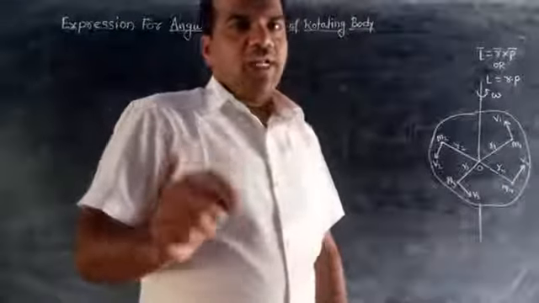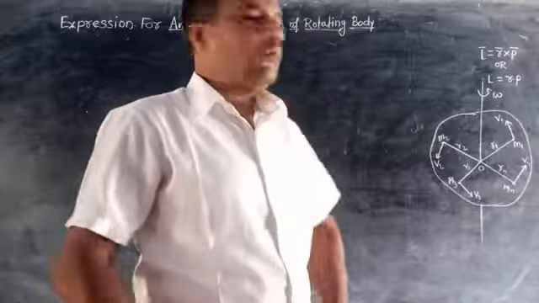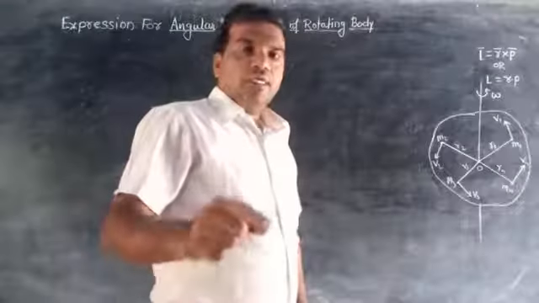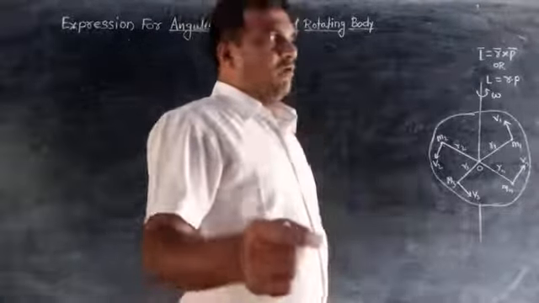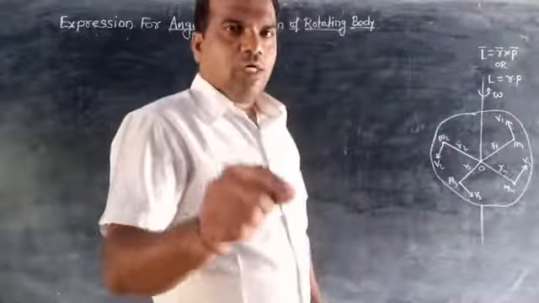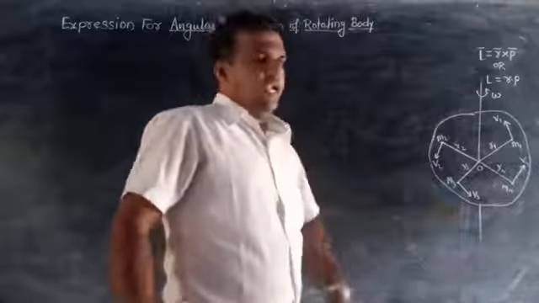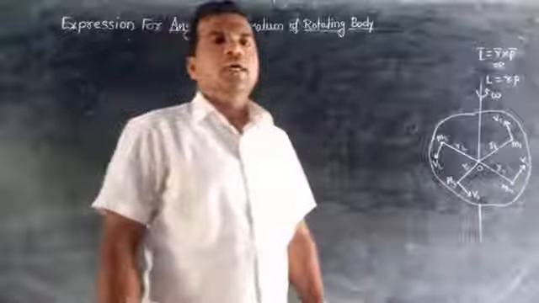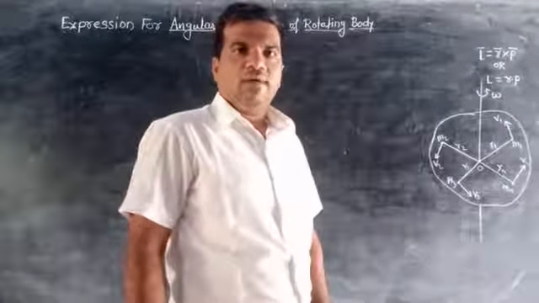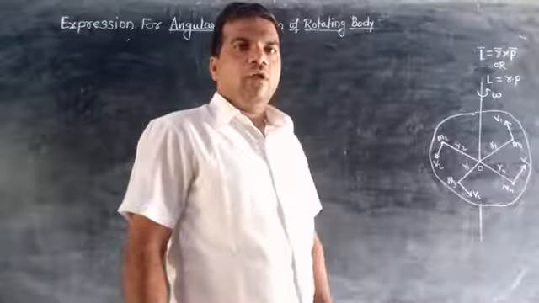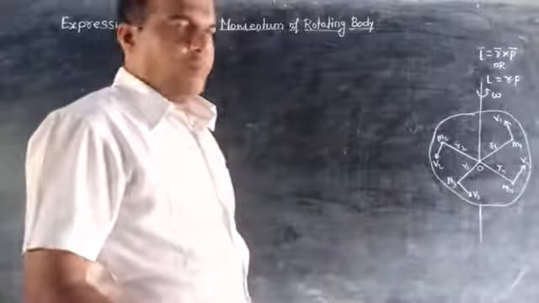As the rigid body rotates, every particle performs circular motion with different linear velocities, but the angular velocity of each particle is constant. So let v1, v2, v3, v4 up to vn be the linear velocities of the n particles, and we have the relation between linear velocity and angular velocity, that is v is equal to r into omega.